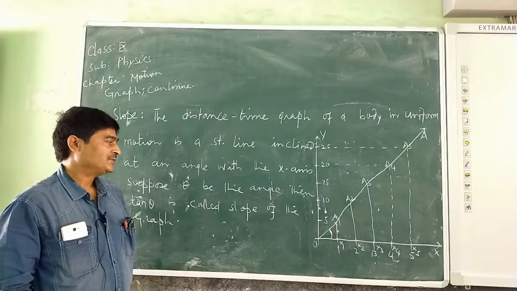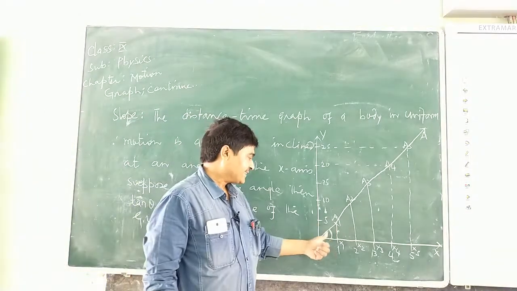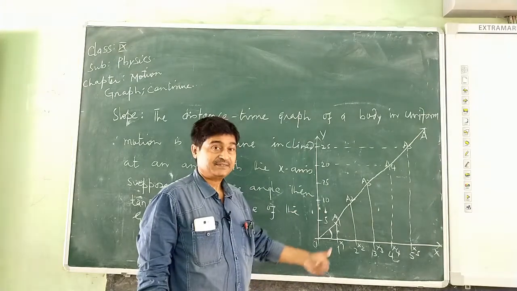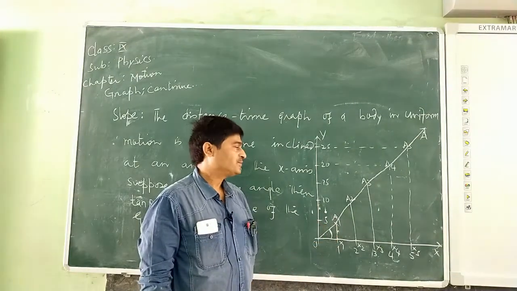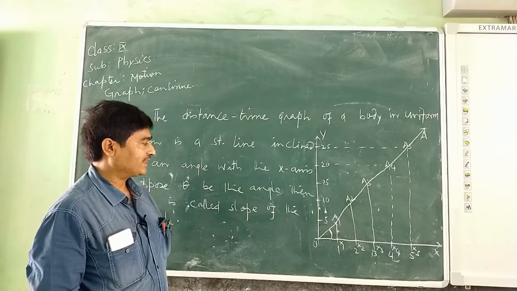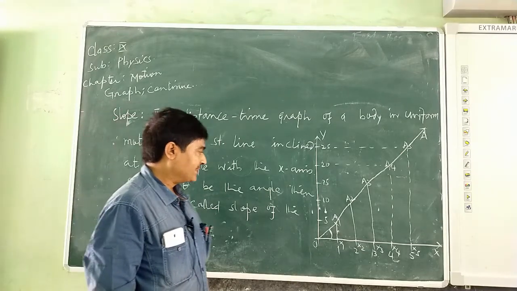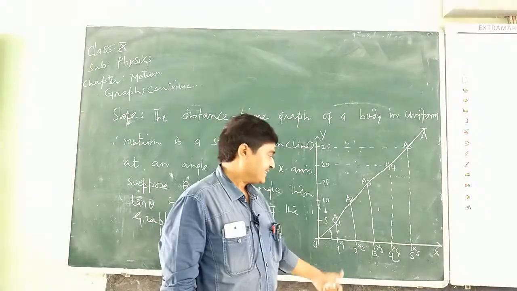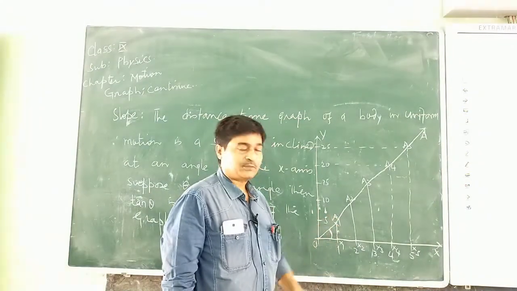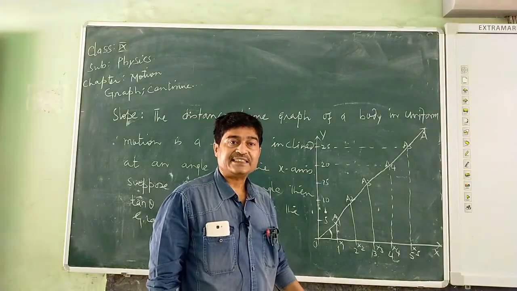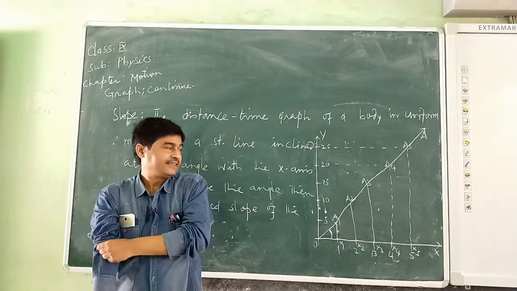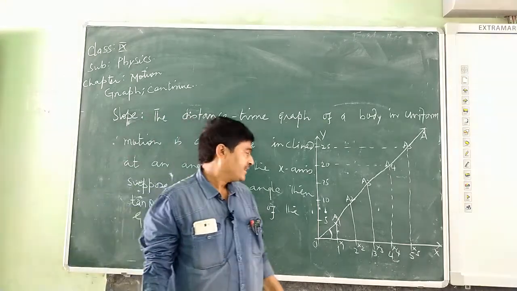The ratio between y-axis and corresponding x-axis obtained in a graph like this may be defined as the slope of the graph. Hence, slope of the graph may be defined as the ratio between y-axis and corresponding x-axis at a given instant.